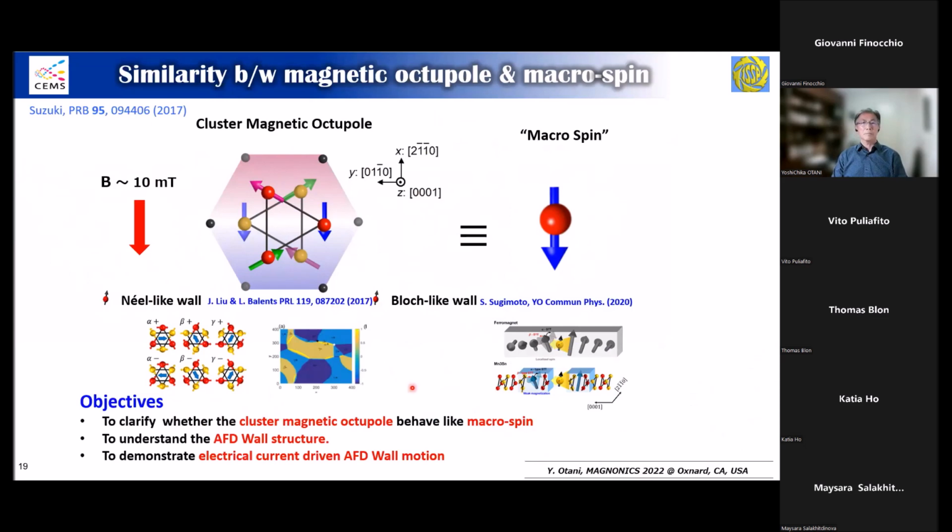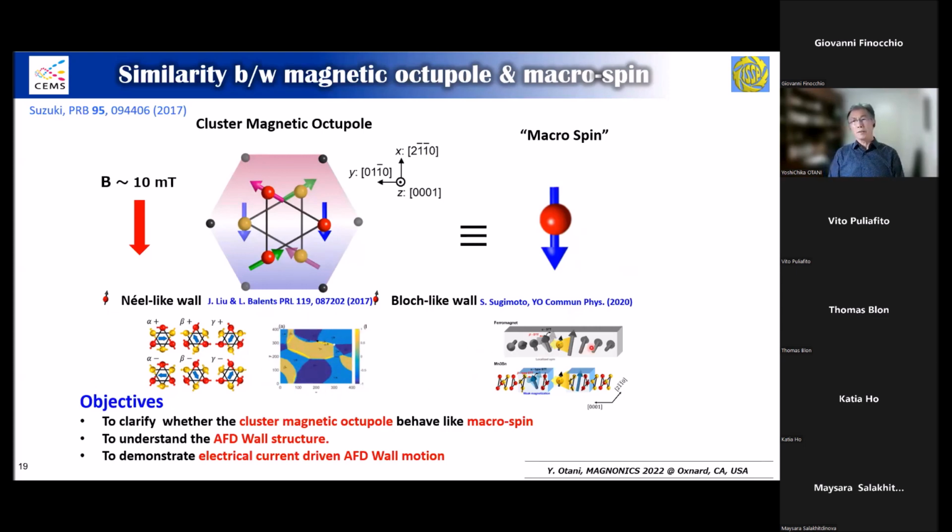Already based on this type of idea, there is a theoretical study performed by Professor Balents' group at UC Santa Barbara. They found that this type of Néel wall-based domain structure could be stabilized in this material.